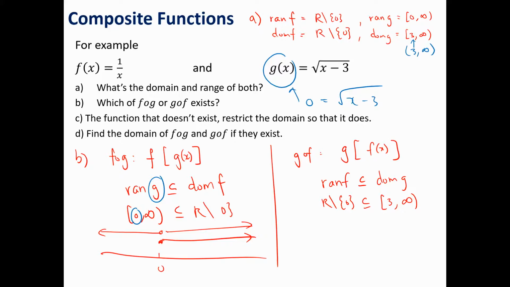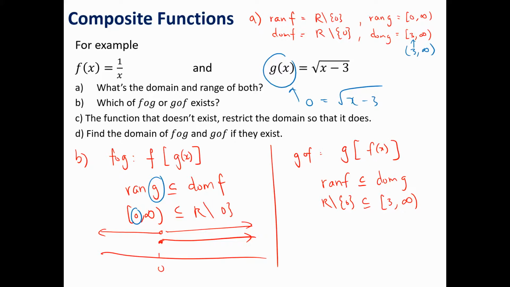It says that I want it to be 3 all the way to infinity, but this is all real values except 0. So I need to restrict this graph, at least from 3 to infinity, to make it a subset. So the question is, when will your range of f, which is your rectangular hyperbola, be 3 and onwards?